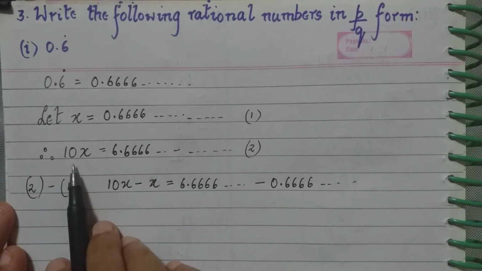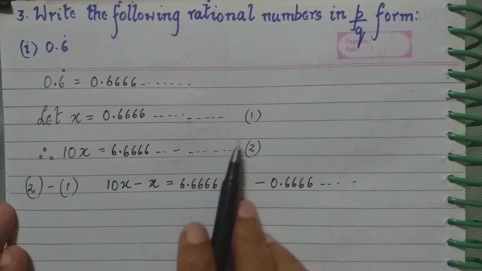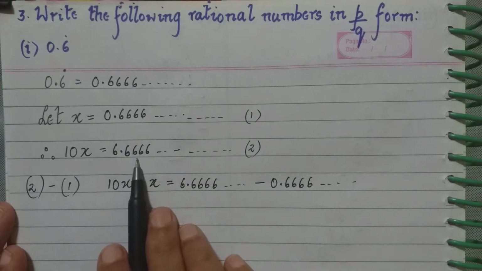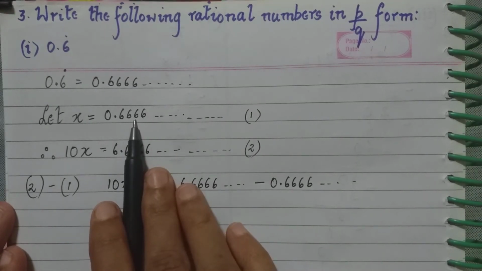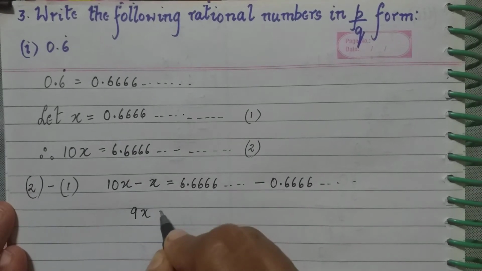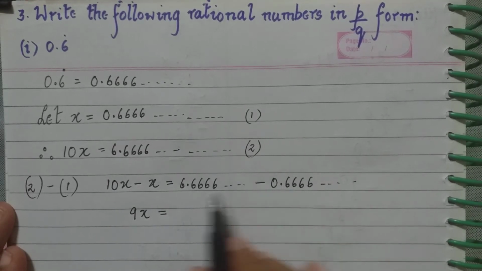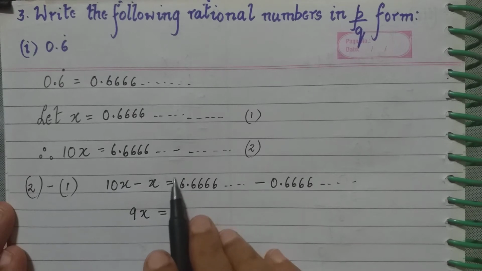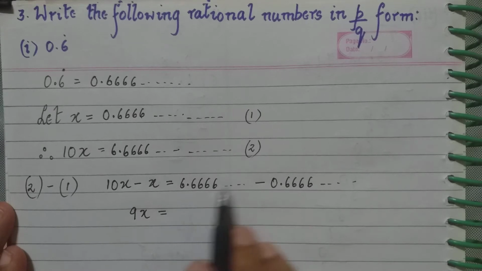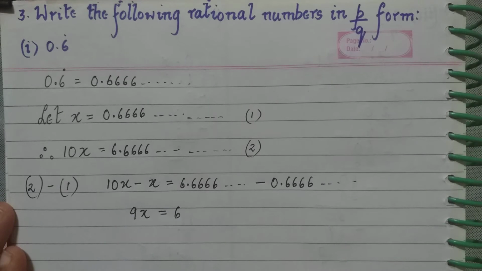So you see here, the left hand side, subtract the left hand side, 2 minus 1, and right hand side, subtract from right hand side, that is 6.6666 minus 0.66. 10x minus x, we know it is 9x is equal to, now when this is subtracted, what happens? This is 0.666, so this part fully goes. So what is left then? Before the decimal point you have 6, and before the decimal point this is 0, so 6 minus 0 is 6. So we have here 6.